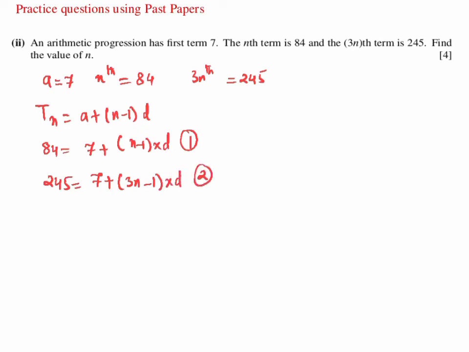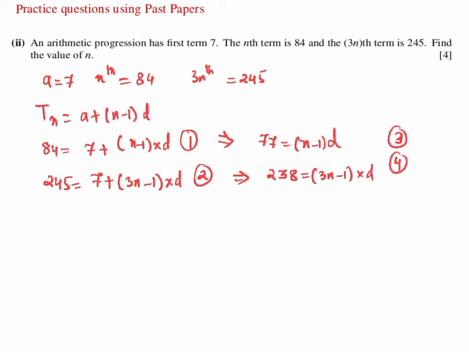Now how will we solve it? First, we'll take 7 across, we'll get 77 equals n minus 1 d. And similarly, taking 7 across, we'll get 238 equals 3n minus 1 into d. Now this is equation number 3, this is equation number 4.